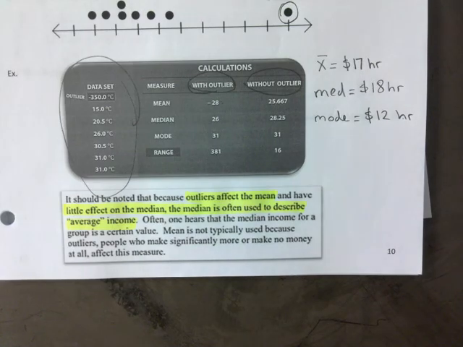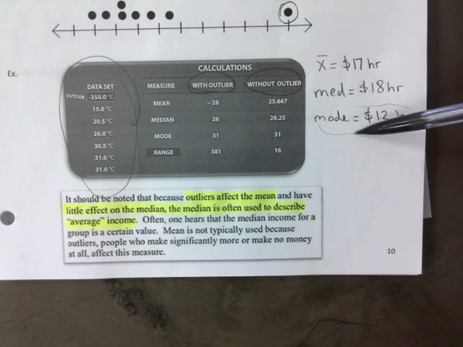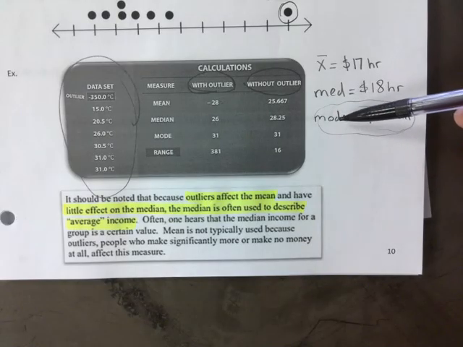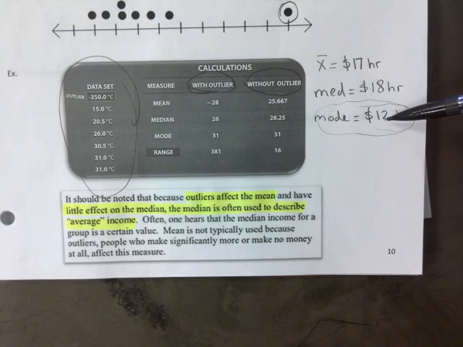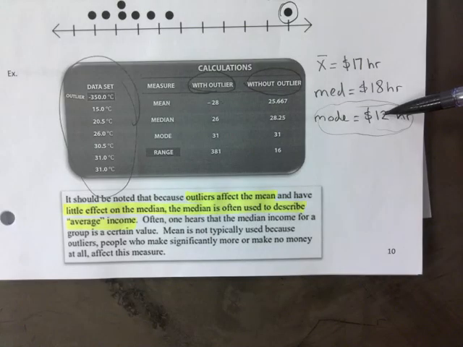From an employee's perspective, like you're one of the workers on the floor, which one do you think you would use to bring your case? Let's say you're arguing for a raise. Which one would you use out of these two? You would say, hey, look, mode, most of us make $12 an hour. You'll go to your boss and say, mode means most of us are making $12 an hour.